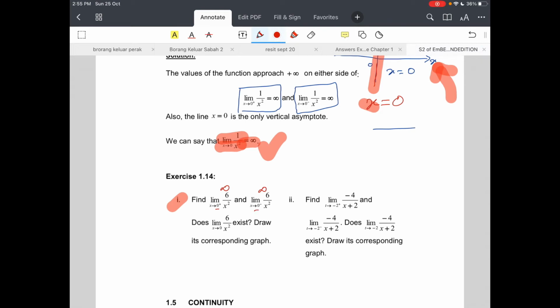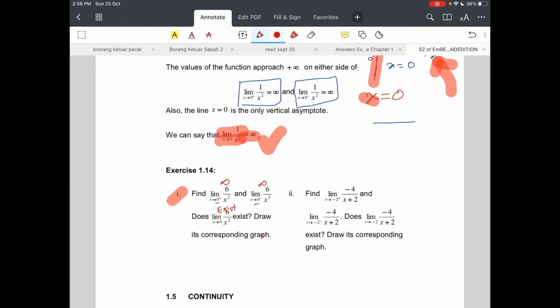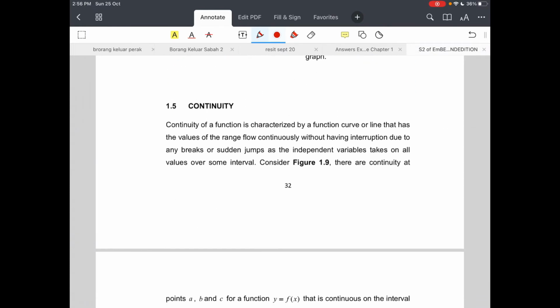Does the limit exist? Yes, it surely exists. And the corresponding graph should be similar to this. I will not draw it again for you.